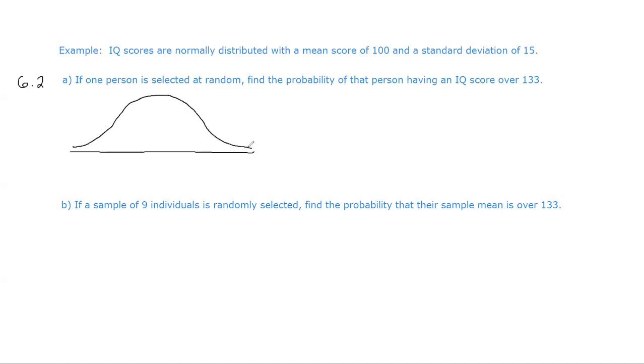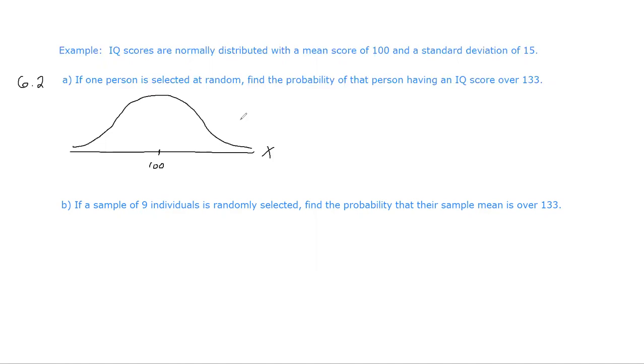These are going to be messy, get used to it. If one person is selected at random, what's the probability that the IQ score is over 133? So here's the mean right here in the middle. The mean is 100.